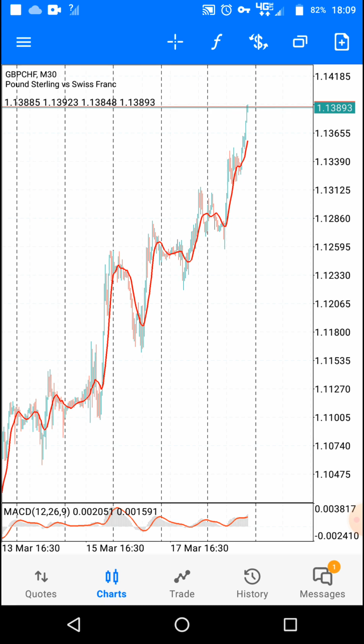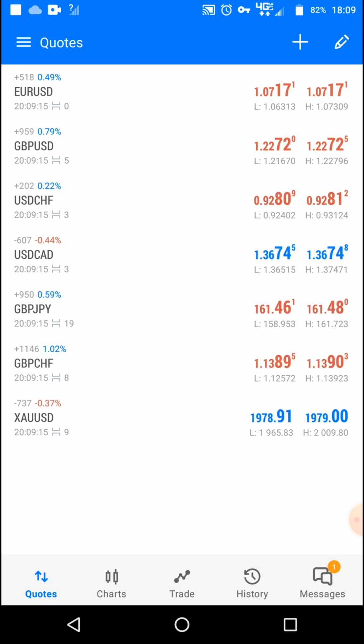So this is the MetaTrader 5. When you go to quotes, you find all the currencies that I told you guys that you can trade on. Let me pick gold.